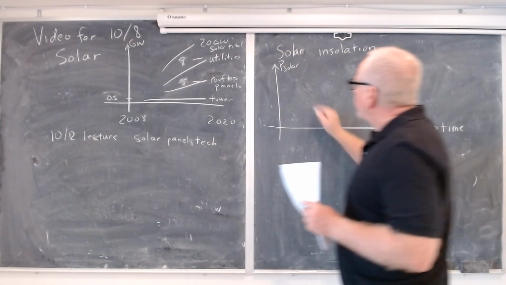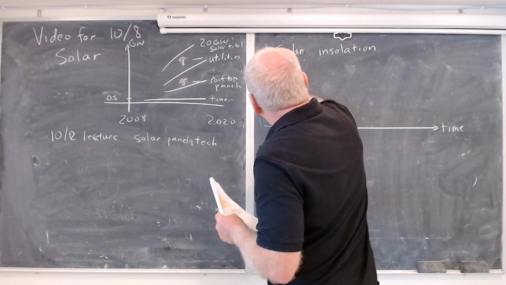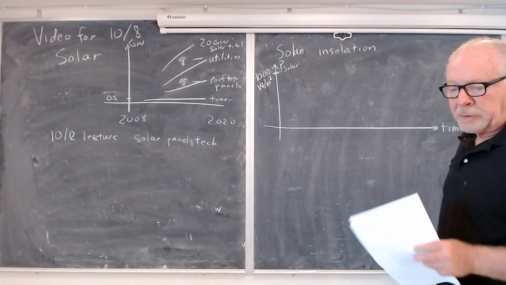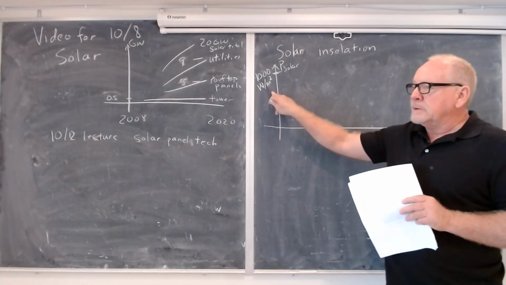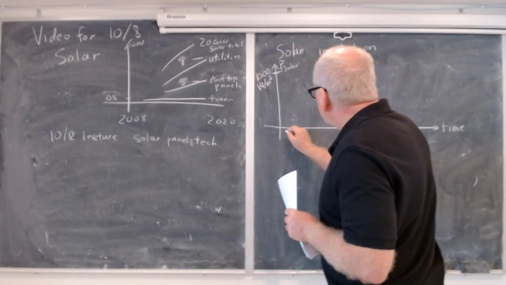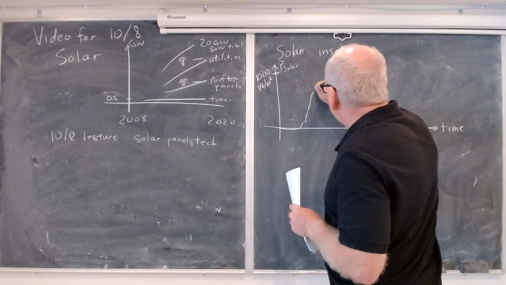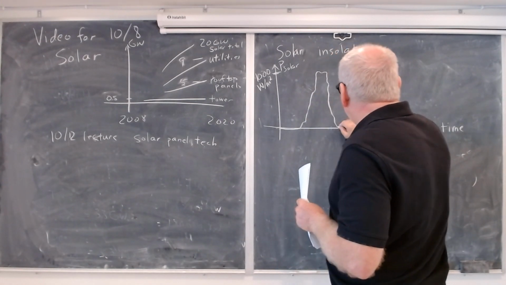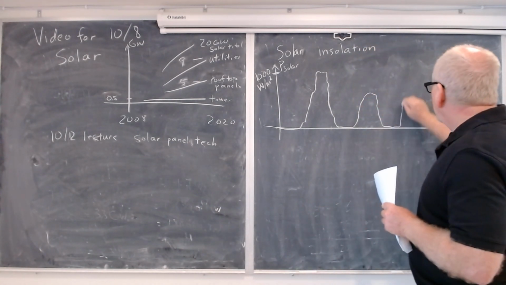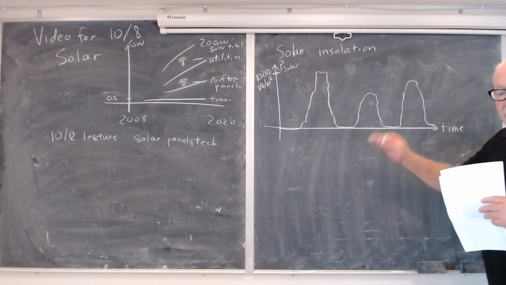Now remember, that can be up to 1,000 watts per meter squared. It can't exceed that on the surface of the Earth. It's 1,000 on a very, very clear day. At night it's clearly near 0, and then in the morning it goes up, and maybe it does something like that, and then there's a cloudy day, less cloudy day, and so that's what solar power would look like over time.